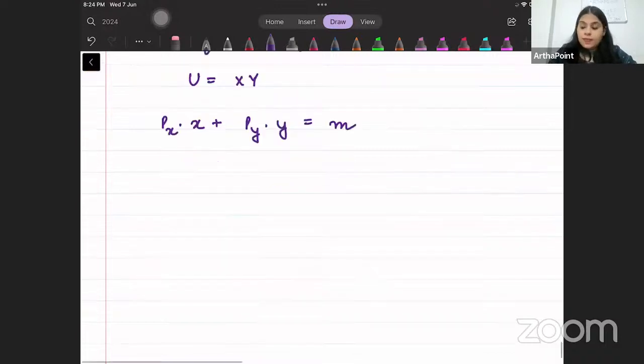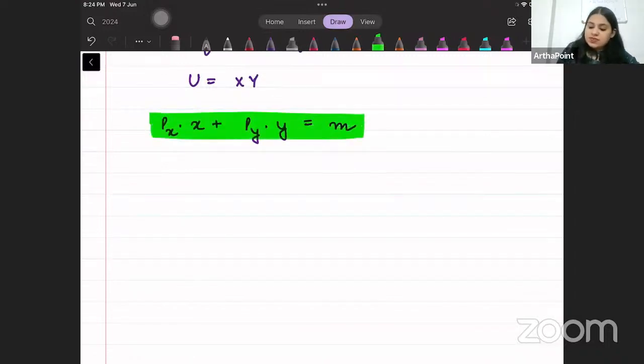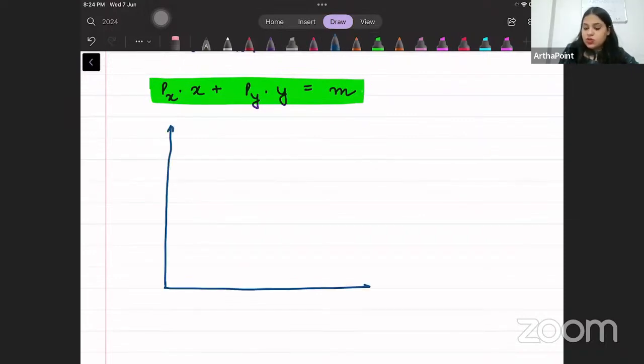We know that this budget line is expressed through a downward sloping line like this, right? This is good x, this is good y.